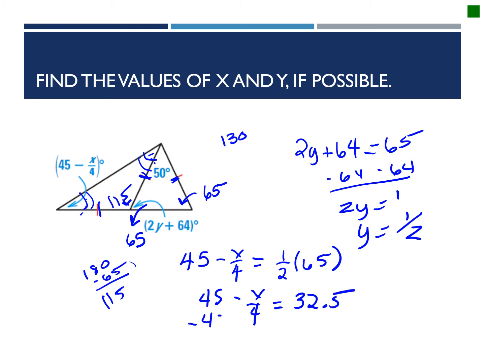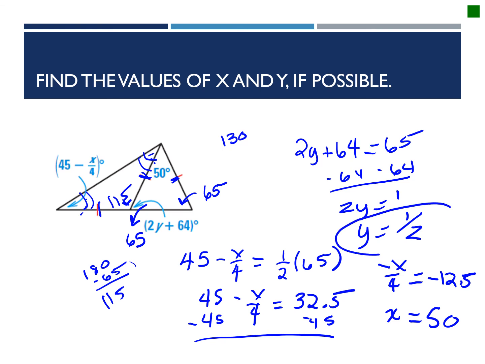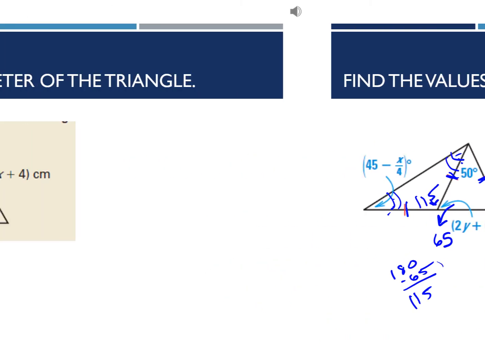If I subtract 45 from both sides, I'm going to get negative x over 4 equals negative 12.5. And then if I multiply both sides by negative 4, x will be 50 degrees. So I've got y equal to 1/2 and x equal to 50.